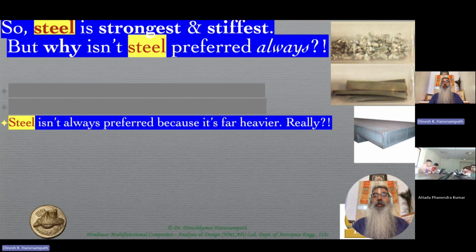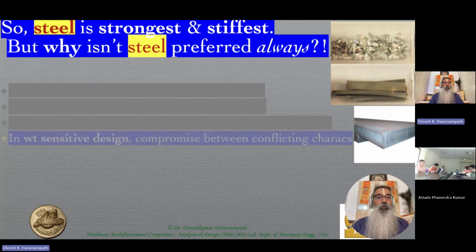But again, this has to be taken with a pinch of salt. We will see why that's so once we get to the specific properties. As I said, the specific properties take into account the density factored in some way into the sigma U, the ultimate tensile strength, and the Young's modulus, right?